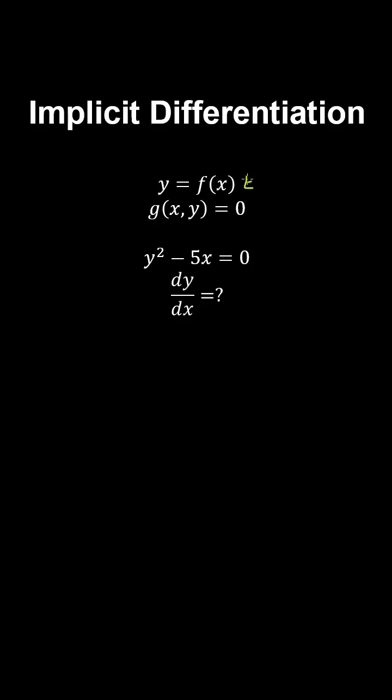We have an explicit function where y is explicitly stated as a function of x. And here is the implicit form, where it's implied that y is a function of x. And we use the chain rule to differentiate such a function implicitly. So here is an example of the implicit form, and we aim to find the derivative of y with respect to x. So for the y terms, we differentiate those using the chain rule.